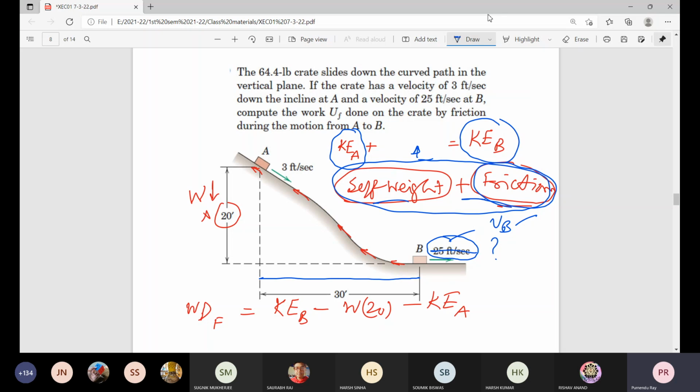The total friction loss when we integrate it, the coefficient of friction is fixed, the slope changes everywhere, but it's a horizontal component, etc. But once we have this simplified situation, initial velocity, final velocity, the total work done due to self weight, then only one portion is remaining as unknown, that is the work done due to friction.